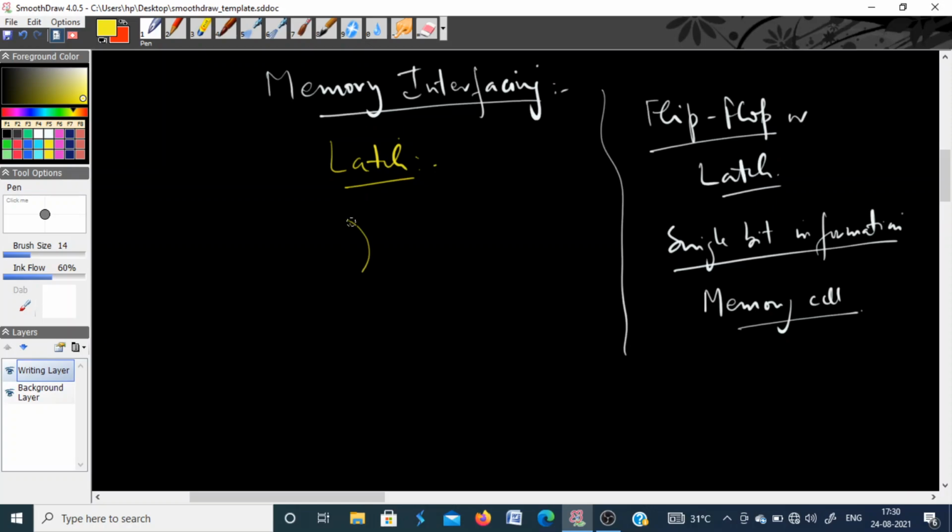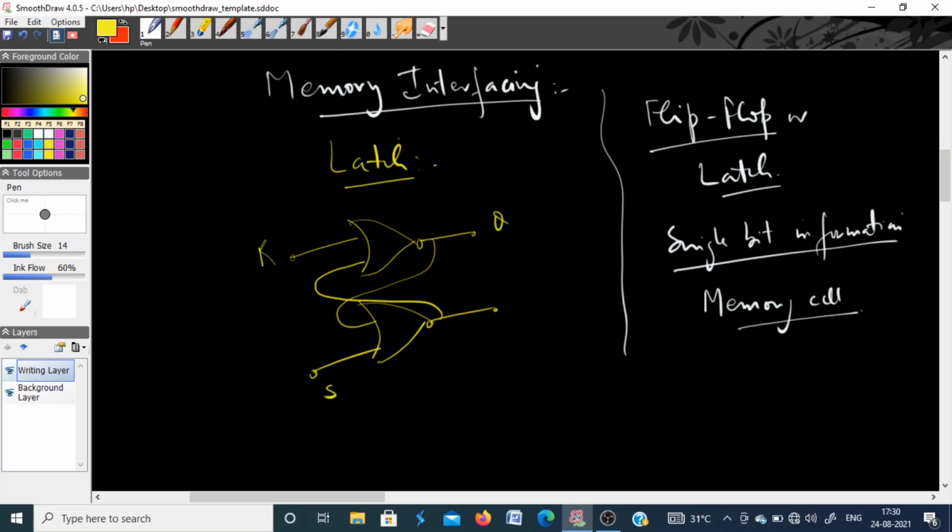So the basic latch has two NOR gates, or you can use NAND gates also, and the output of one is given as input to the other, and vice versa. This cross-coupled NOR gate forms a basic SR latch. You have two inputs S and R, and two outputs Q and Q bar, which are complementary of each other.